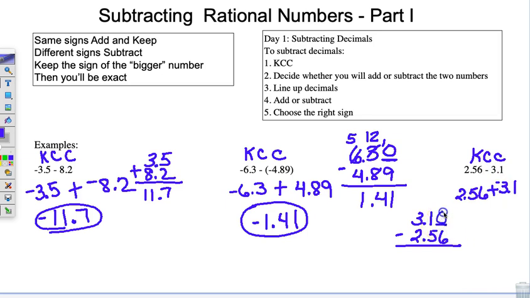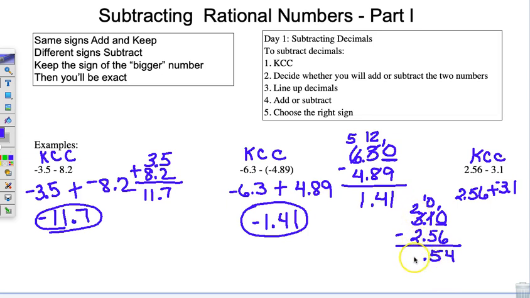Once again, I need a placeholder. So I'll put a 0 there. I do need to borrow. 10 take away 6 is 4. When I borrowed from that 1, it left me a 0. So it looks like because I can't take away 5 from 0, I've got to borrow again. And now it's a 10. 10 subtract 5 leaves me with a 5. My decimal is coming straight down.